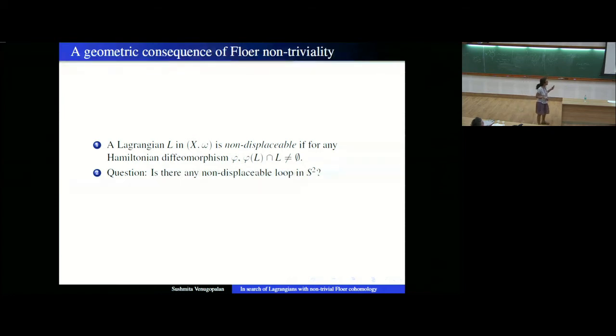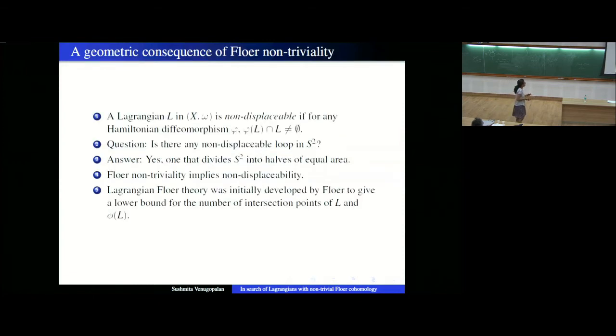If someone has not seen the definition of a Hamiltonian diffeomorphism, in the S2 case, a Hamiltonian diffeomorphism is just an area-preserving diffeomorphism. So for which loops is there no area-preserving diffeomorphism which displaces the loop?